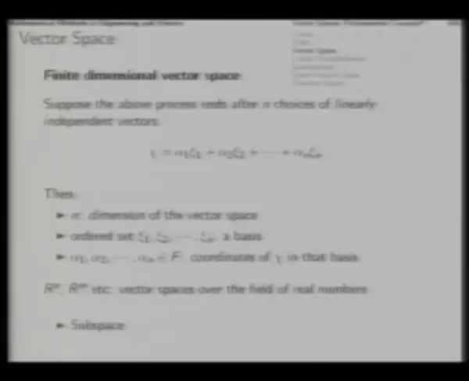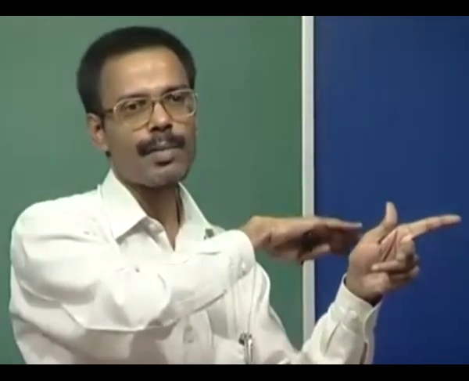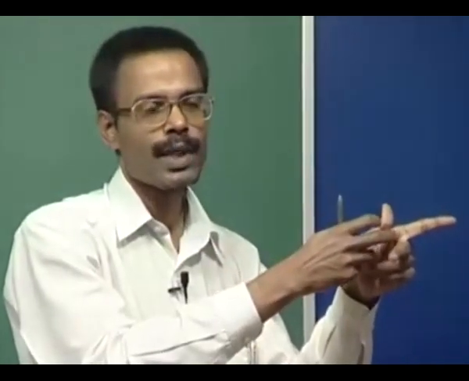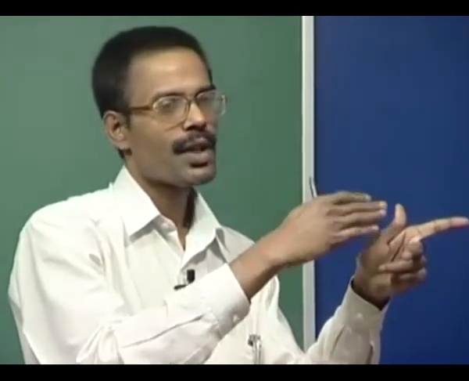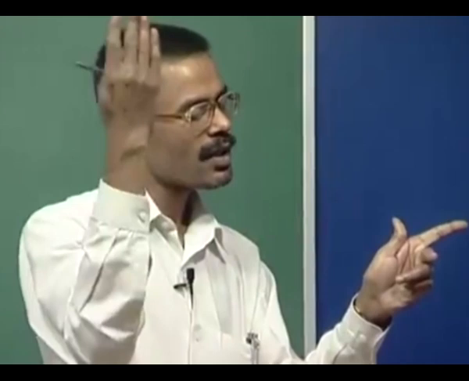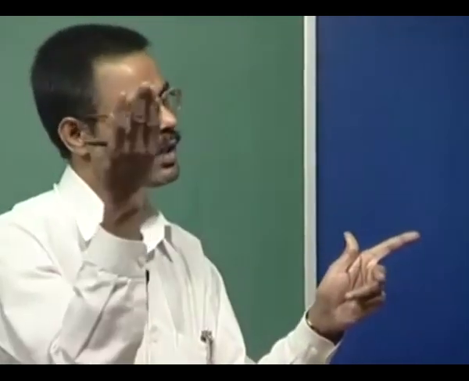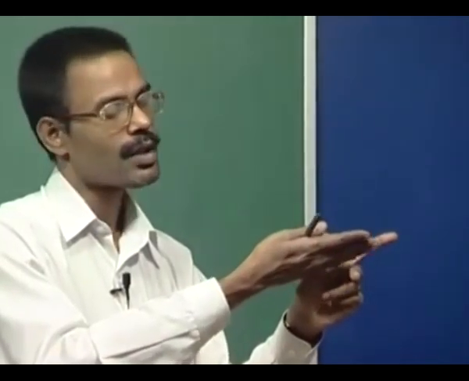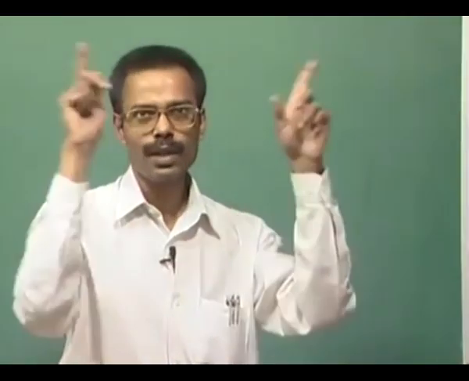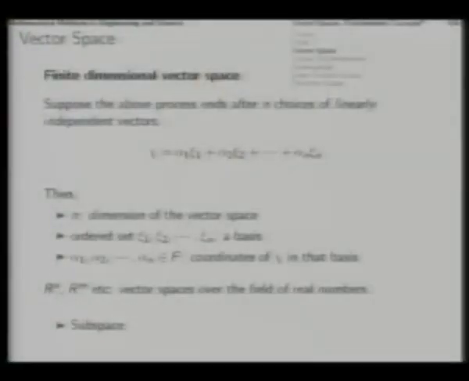For example, in the 3-dimensional space with this frame of reference, a plane passing through the origin will actually define a subspace, because the zero element will be there, and all the operations that we could define in this space, we can define the same operations within this plane itself. So, in that case we say that that plane actually constitutes a subspace of this 3-dimensional vector space, which is R3.